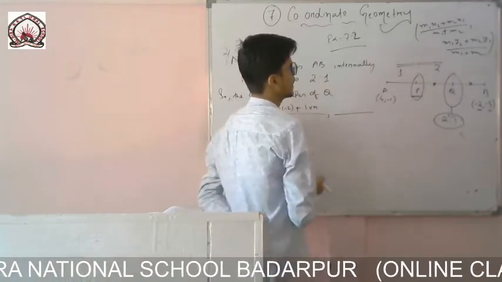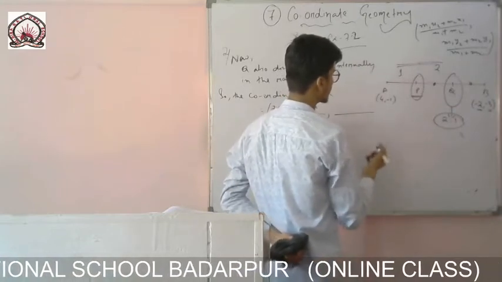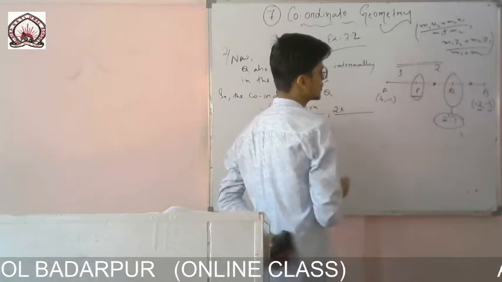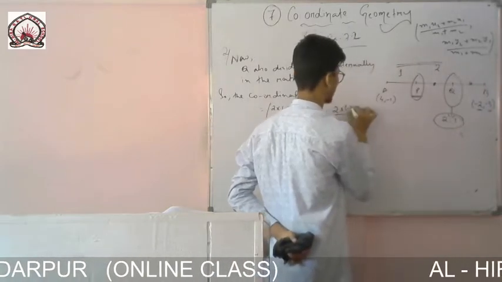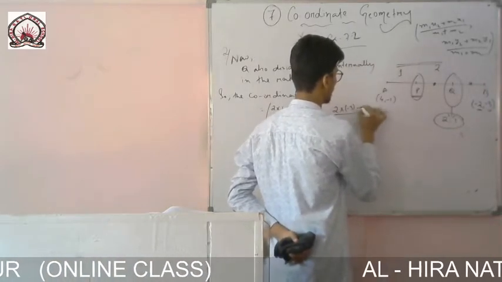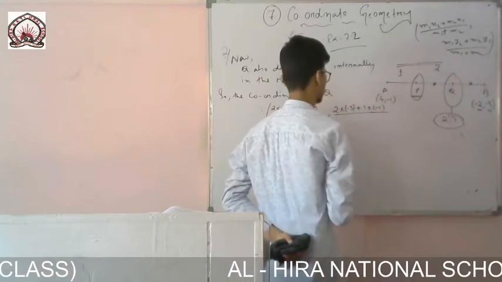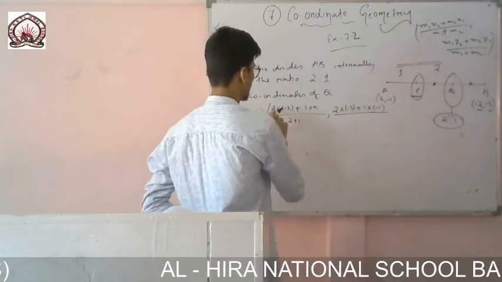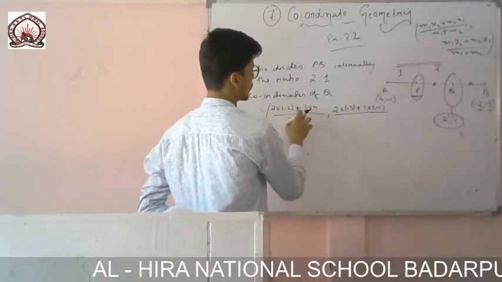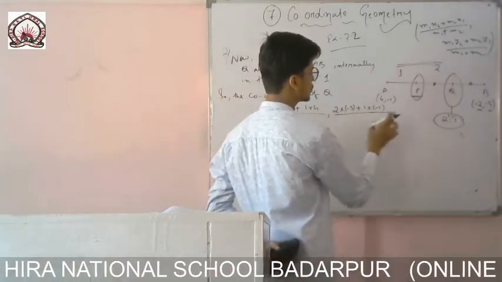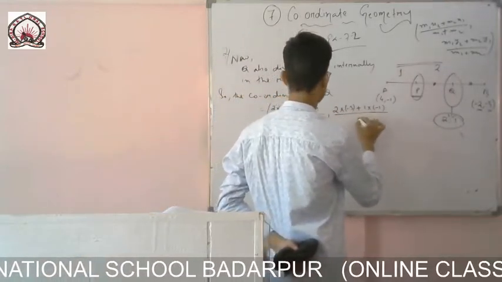Then again m1 y2, m1 here is 2 into y2, y2 here is -3, plus 1 into -1, divided by 2 plus 1.